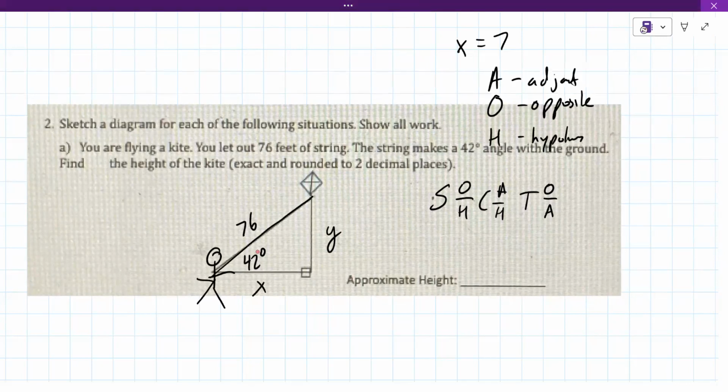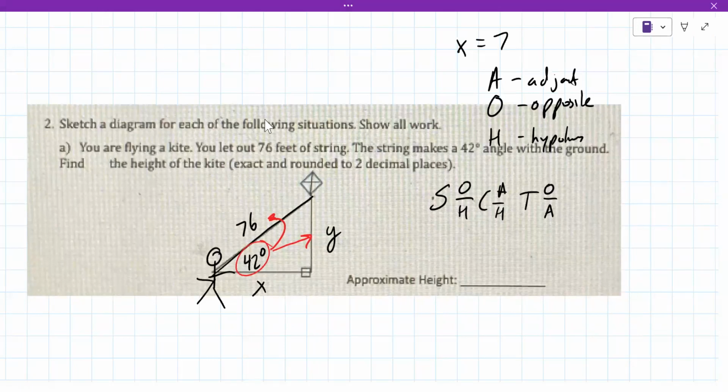I think I actually remember that now. Opposite is the opposite side. Hypotenuse is always the one across from the 90-degree angle. And adjacent is the one closest that isn't the hypotenuse.